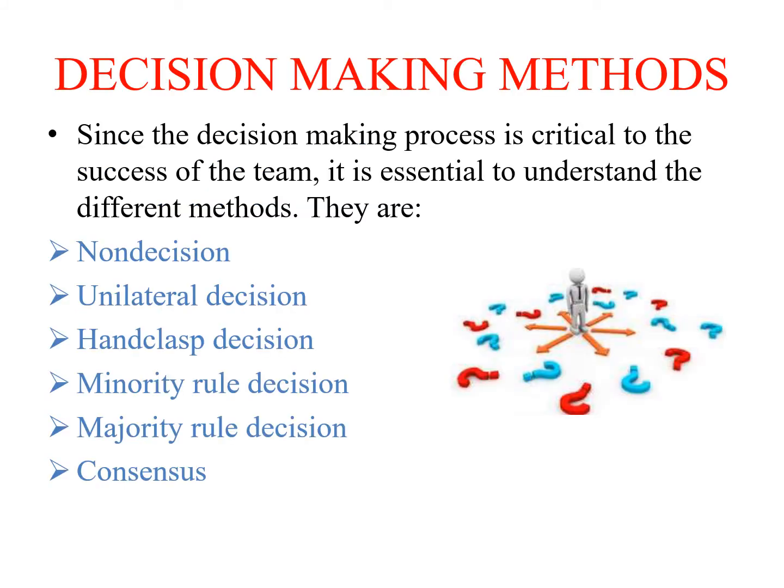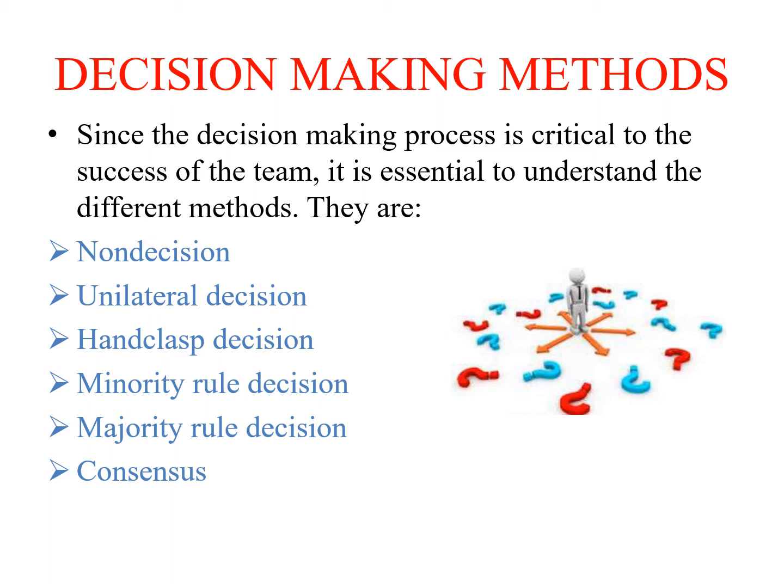Next, we look into the concept called decision making methods. Decision making is a critical process towards success of a team, and below there are few processes mentioned such as non-decision, unilateral decision, hand clasp decision, minority rule decision, majority rule decision and consensus.